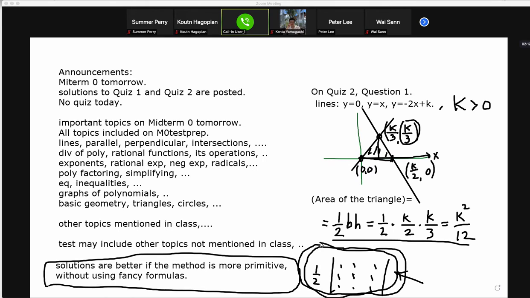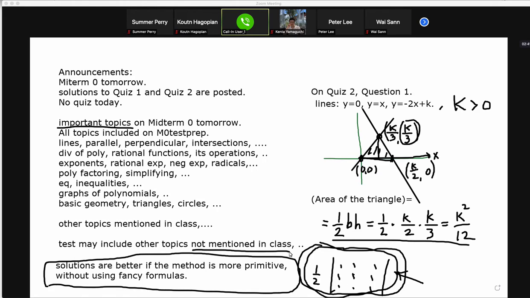Okay, so these are the topics mentioned right here, and today I am going to talk about circles and some basics. By the way, when you look at all these topics, these are important topics. It means that tomorrow's test will include all of these topics, but it may include other topics not mentioned in class. Of course, all those topics are also from pre-calculus, algebra, or basic geometry.